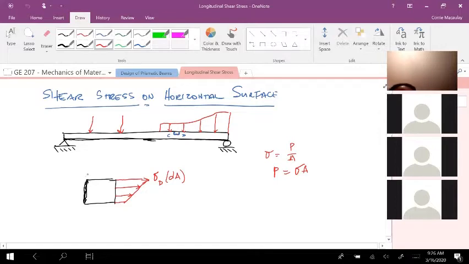And I expect to see the same on this side. So I would have a distribution that looks like that as well. And this will be my stress at C times dA. At the top of the beam, I would have this non-linear distribution.